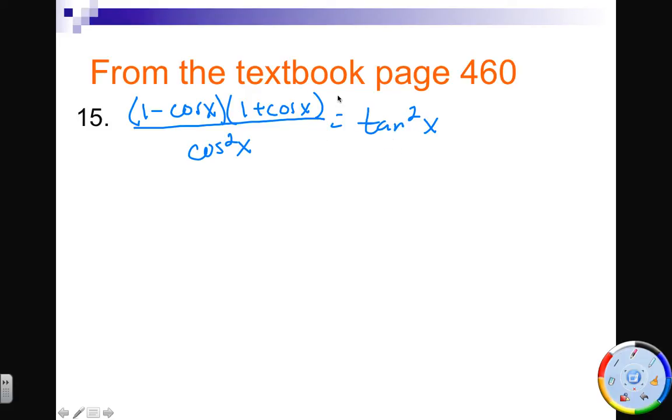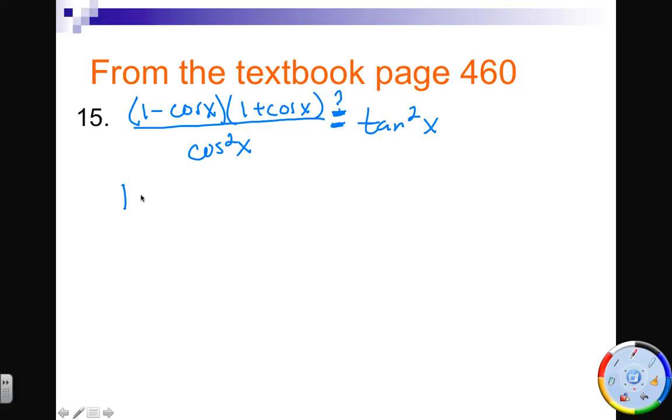You'll end up noticing that some of these look really challenging, but they're actually not as hard as they look initially. Now, as I said a moment ago, I see parentheses, I see some multiplication going on, I like to multiply. I can't guarantee it always helps, but I hope it helps. If I multiply these, I already noticed that they're conjugates. Conjugates are good, which means I might get a Pythagorean identity here.